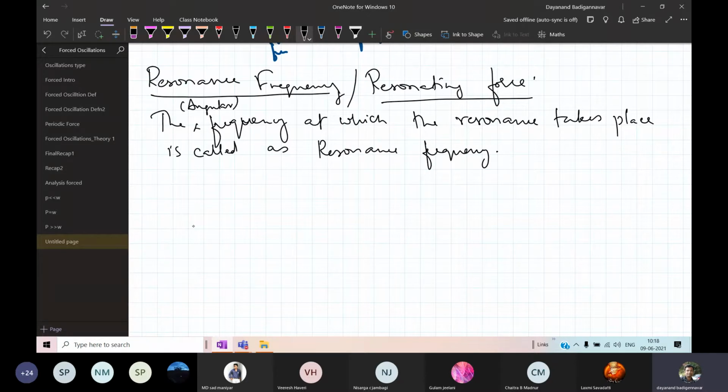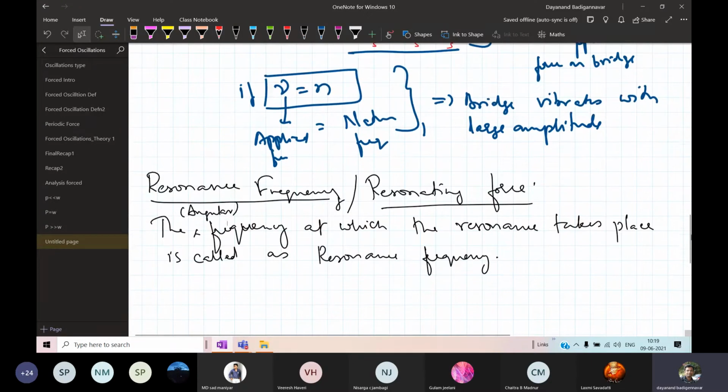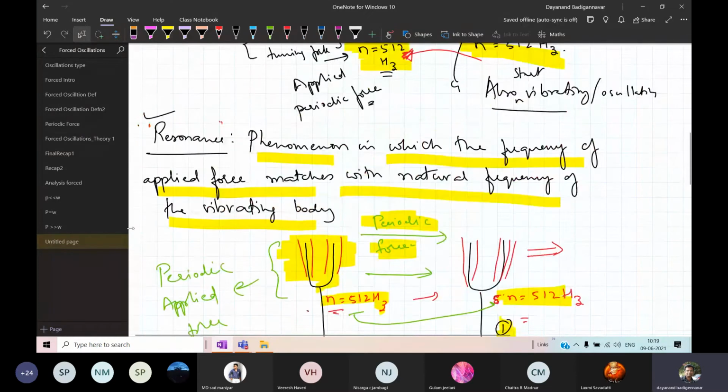Now, what is the condition for resonance? I told you last time. The definition of resonance: it is a phenomenon in which the frequency of applied force, which I will take as P, matches with the natural frequency of the vibrating body, omega.